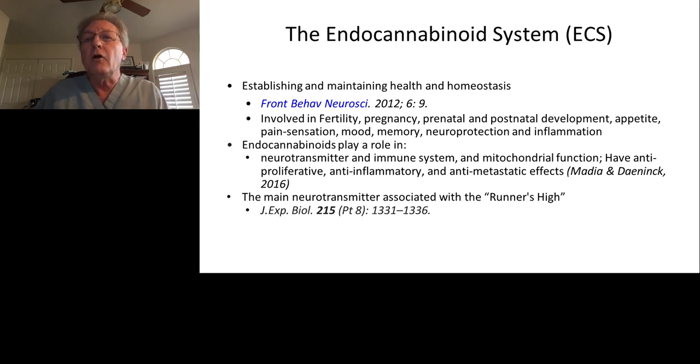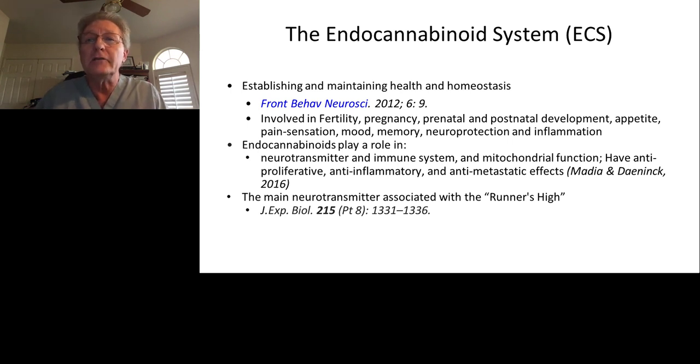It is involved in fertility, pregnancy, prenatal and postnatal development, appetite, pain sensation, mood, memory, neuroprotection, and inflammation. Endocannabinoids play a role in neurotransmitter and immune systems, the mitochondrial function, and have anti-proliferative, anti-inflammatory, and anti-metastatic effects.